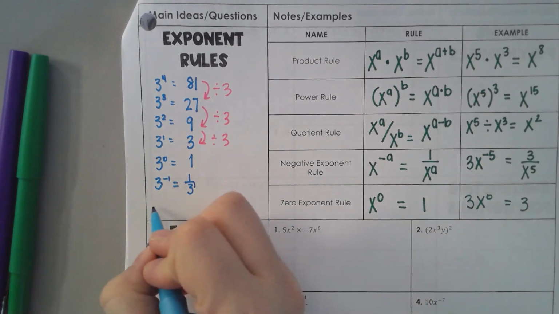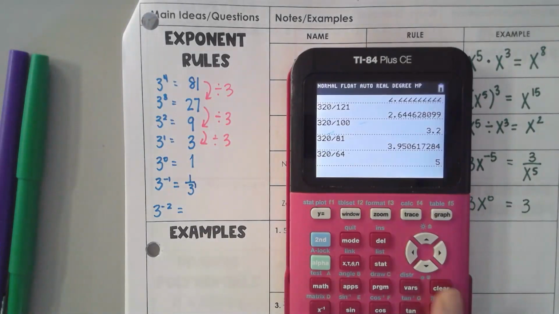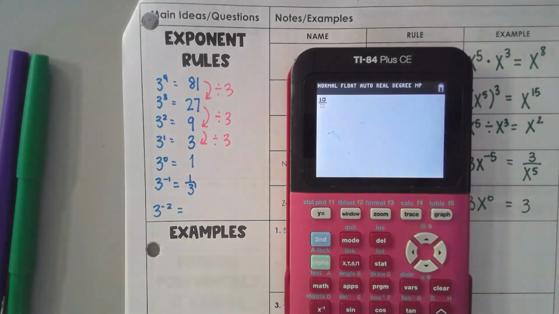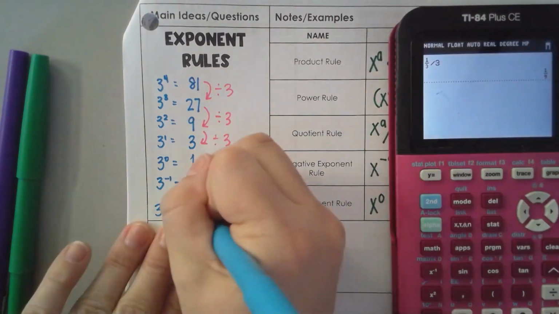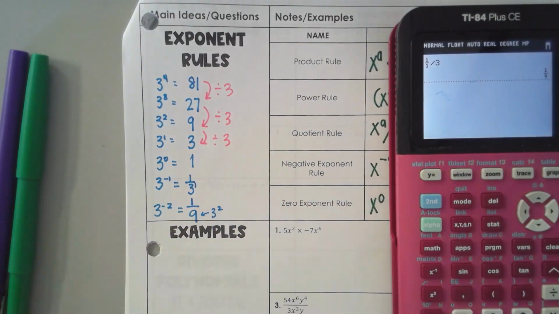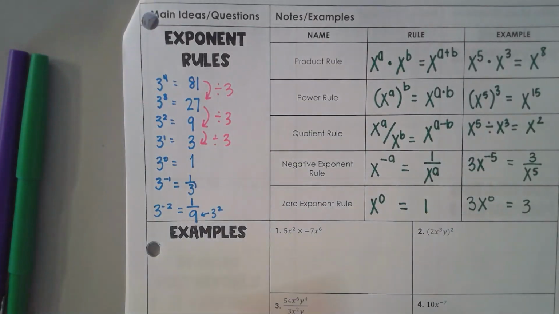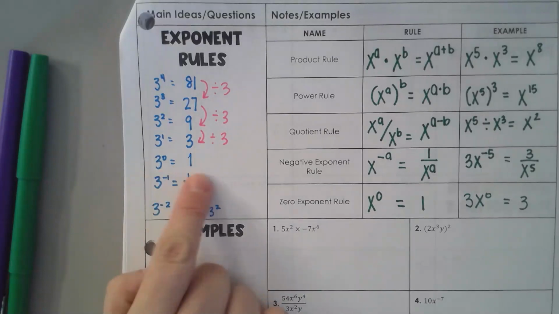So if I have 3 to the negative second, if I do 1/3 divided by 3, I get 1/9. And 9 is really 3 squared. So then would it just be like the next thing? 1 over 27. 1 over 81, yep. So that's why those are the cases. See, anytime you have the 0 power, it's going to equal 1.